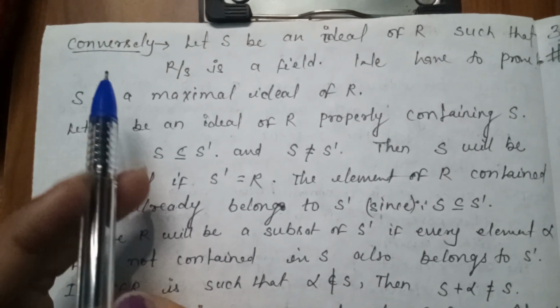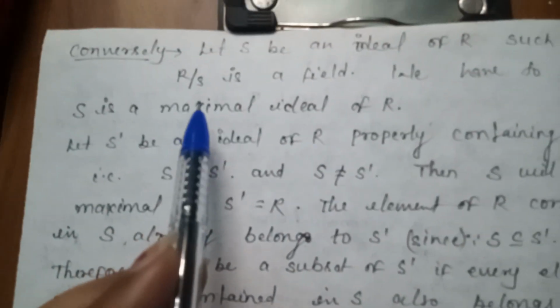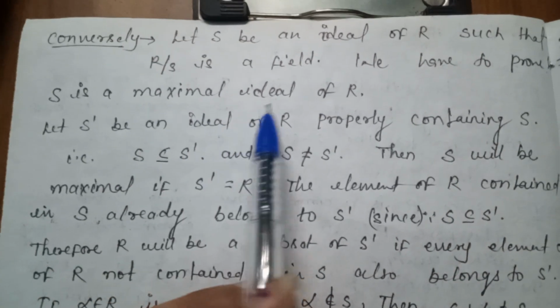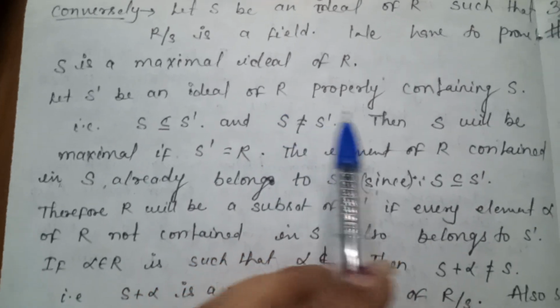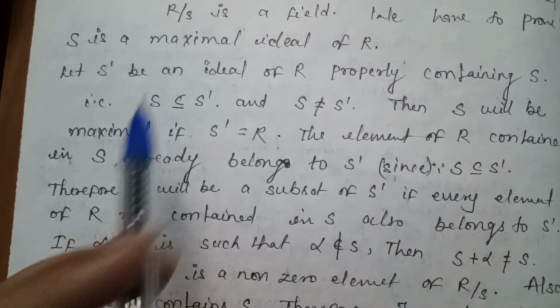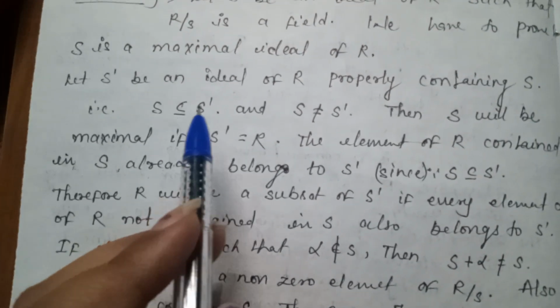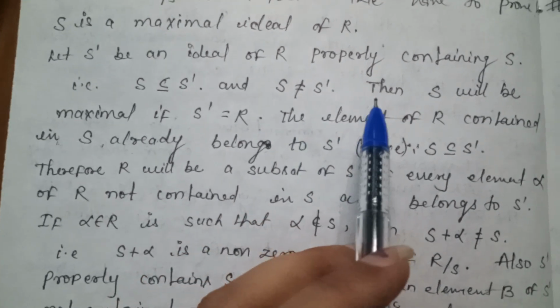Now, conversely, let S be an ideal of R such that R/S is a field. We have to prove S is a maximal ideal of R. Let S' be an ideal of R properly containing S, that is, S is a subset of S' and S is not equal to S'.